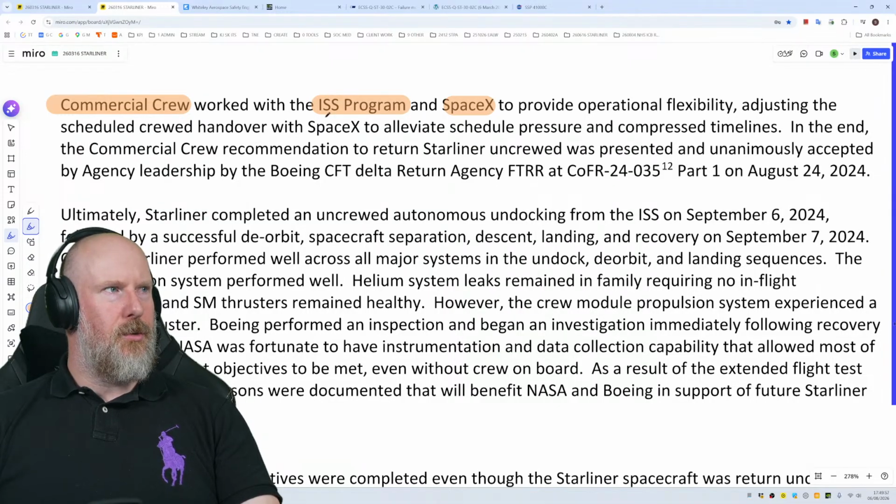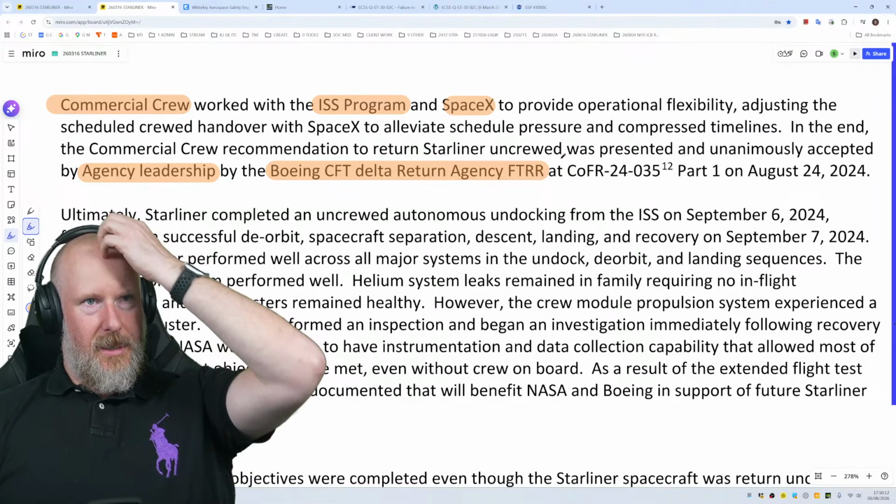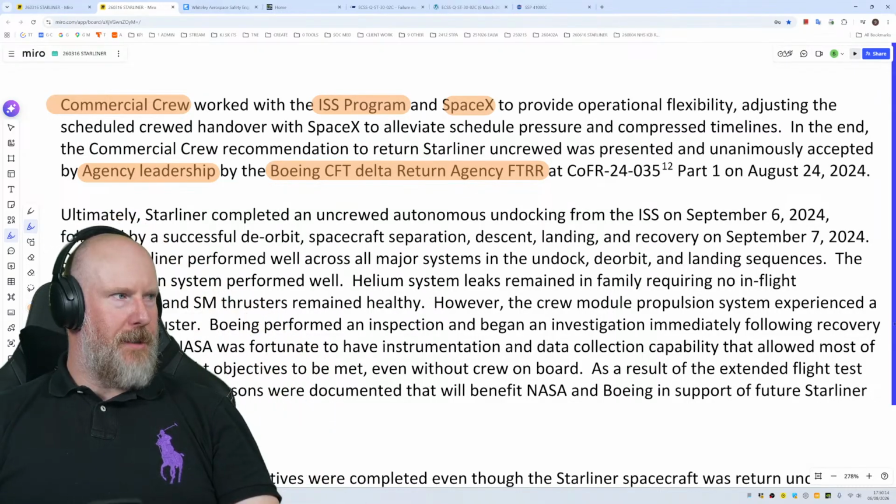In the end, the commercial crew recommendation to return Starliner uncrewed was presented and unanimously accepted by agency leadership, by the Boeing CFT Delta Return Agency, FTRR, on August 24, 2024.